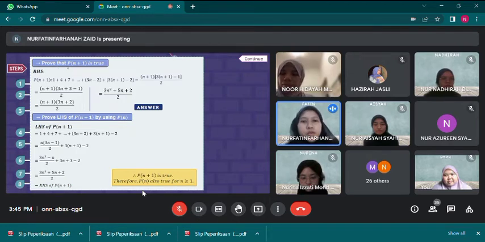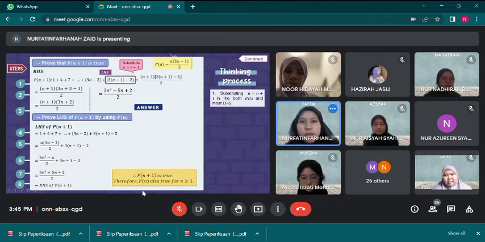For the third step, we have to prove that Pn plus 1 is true. So we have to substitute n equal to n plus 1 into the n term, the n variable. In both the right hand side and the left hand side, as you can see here, the left hand side is 3(n plus 1) minus 2, because I already stated that we have to substitute n equal to n plus 1 into the n terms.